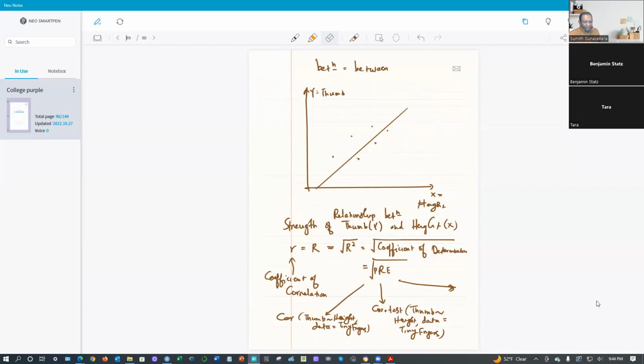So let's say I'm just going to draw it virtually. If you have something like this, that's negative, negatively correlated.